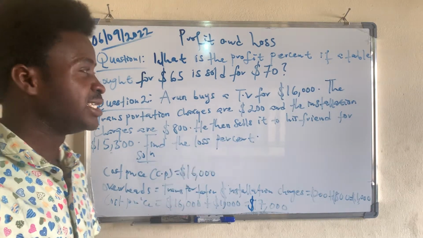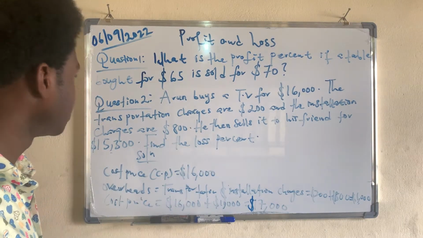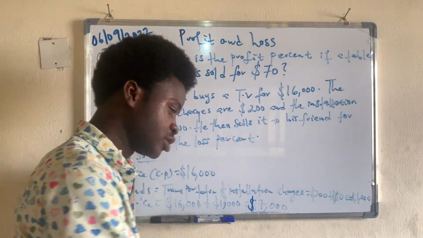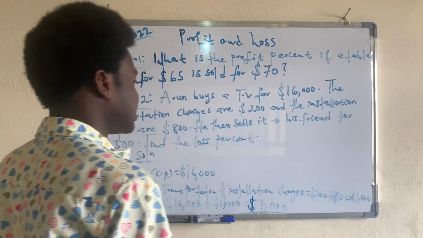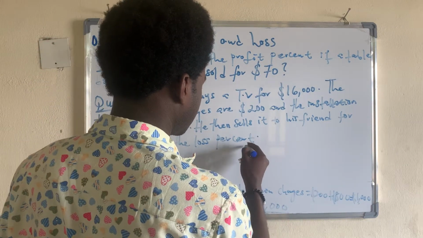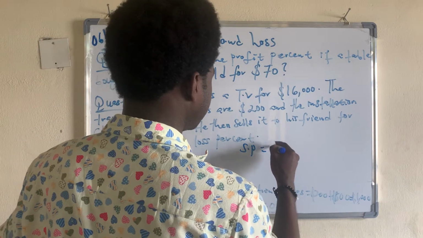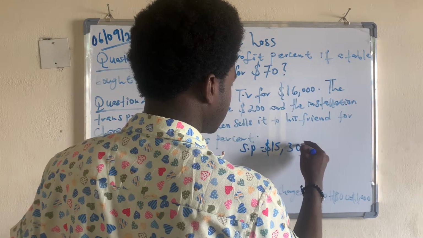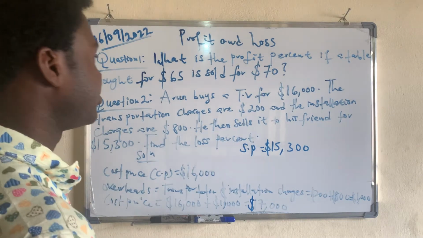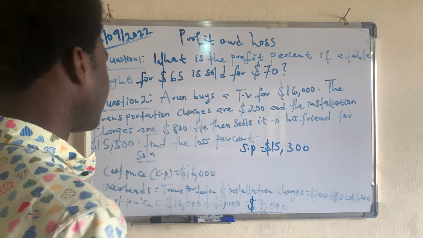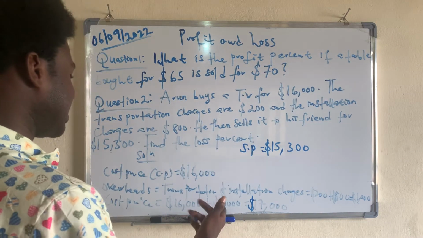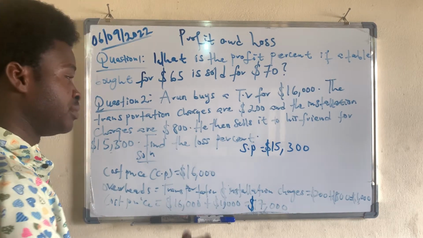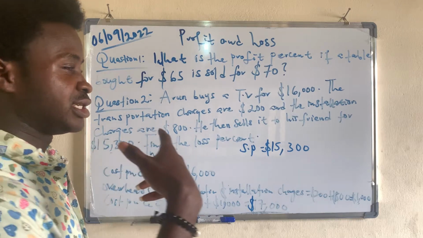We are told that he then sells it to his friend for $15,300. So that is the selling price. So we have to find the loss percent. We can easily see that our cost price is more than the selling price here now. Means he ran at a loss.